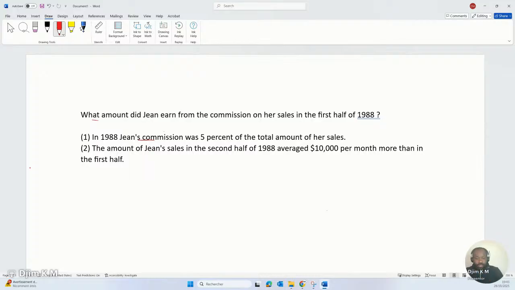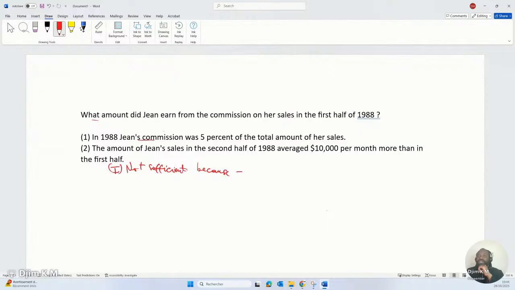So how to solve this? Okay, so basically this first condition is not sufficient because it says in 1988, Jeans' commission was 5% of the total amount of sales.